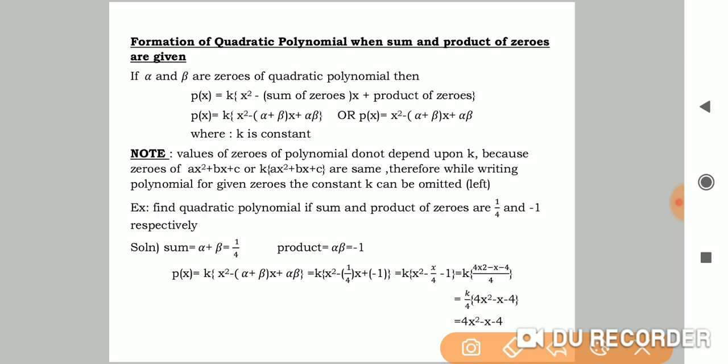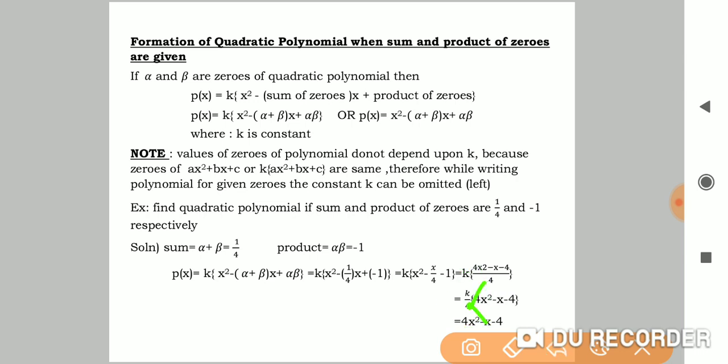Next, we are going to find the LCM within the bracket. The LCM will be 4. So when you take out the LCM, you get k outside into bracket 4x square minus x minus 4, divided by 4. So this 4 can be taken outside with the constant, that is k by 4.